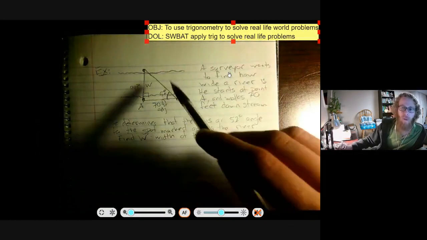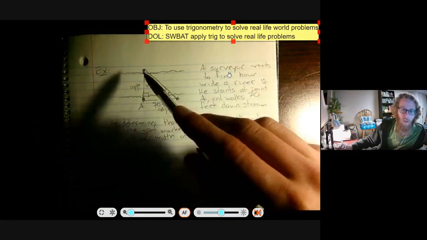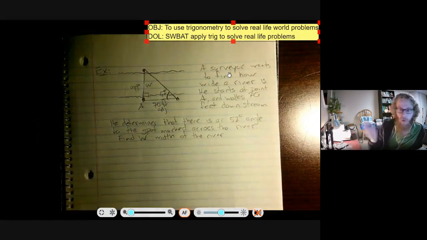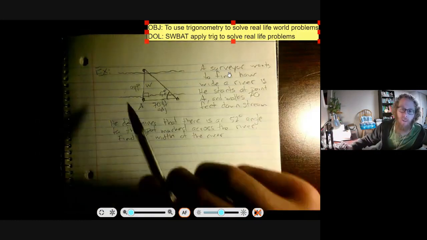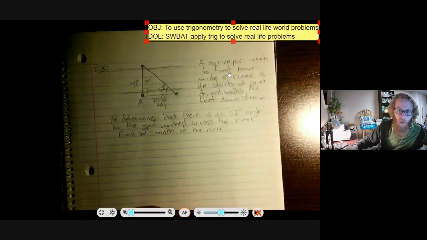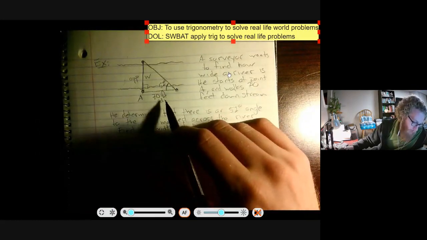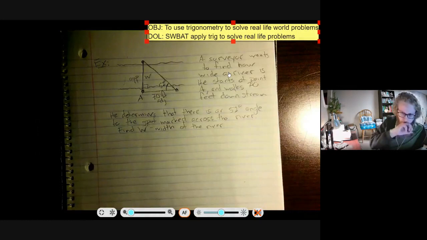Okay. There wouldn't be any reason to really find this, right? I'm just looking for how wide the river is, and to do that, you measure a straight line across, right? Finding this diagonal line wouldn't really benefit us at all. So we're dealing with the opposite and the adjacent.